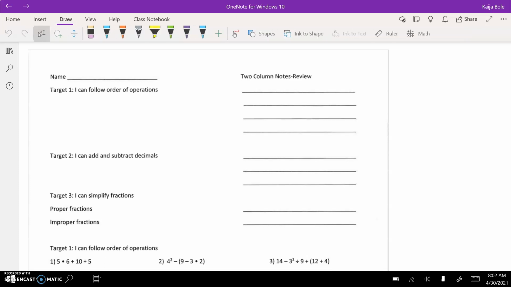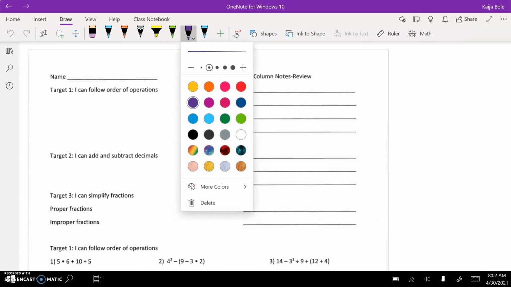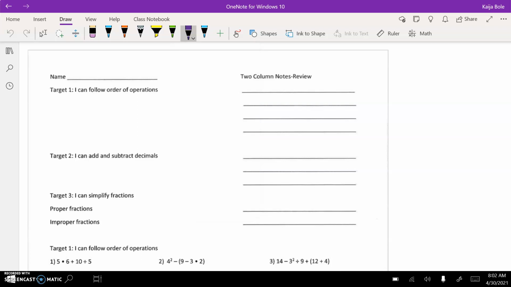So order of operations, some of you know as PEMDAS, right? We should all actually know it as PEMDAS. I think that's one of the easiest ways to remember it. So the P stands for parentheses. E is for exponents.